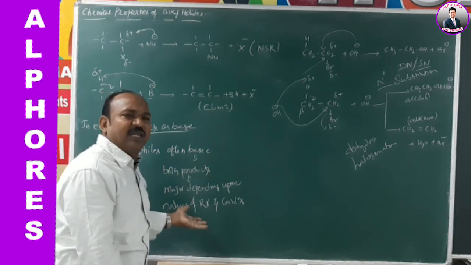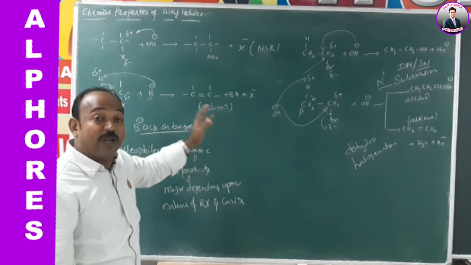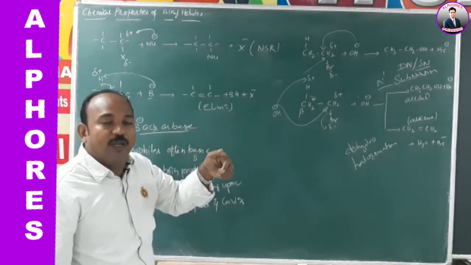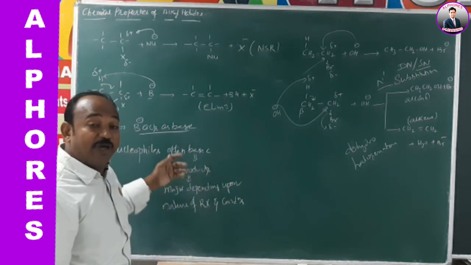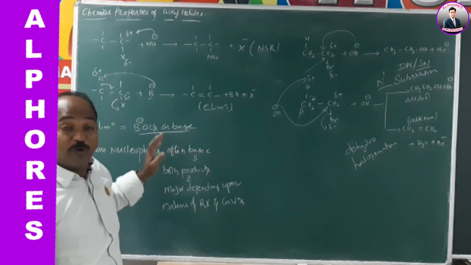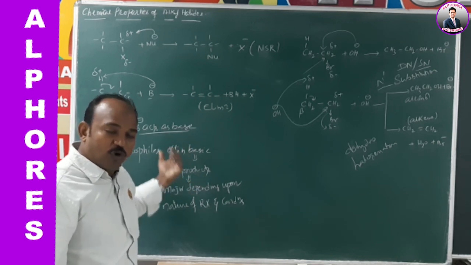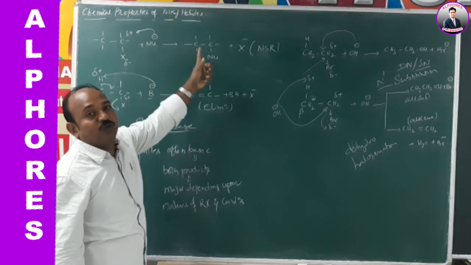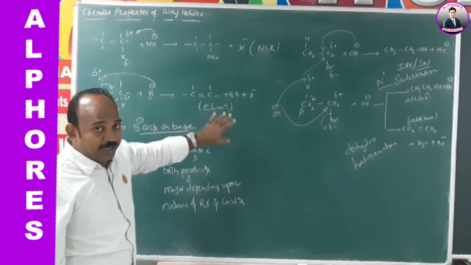Preferably elimination is the thermodynamic product, which takes place at a little high temperature, so at high temperature the thermodynamic product is major. Whereas substitution is the kinetic product. Kinetic product means the one which takes place fast, generally at low temperature. The product which comes fast is substitution, and the product you get at high temperature is elimination.